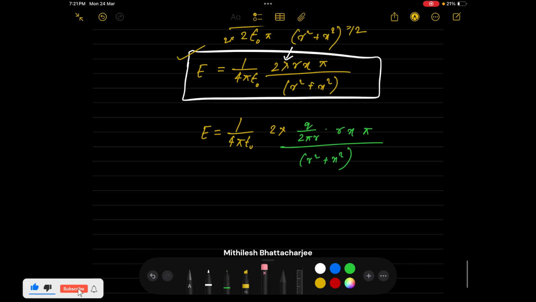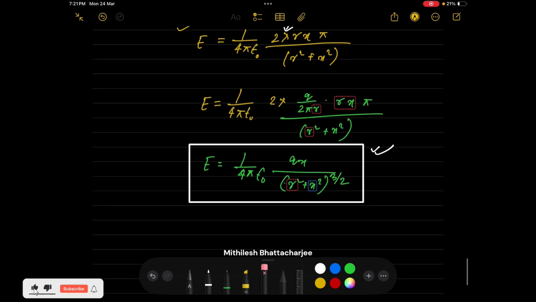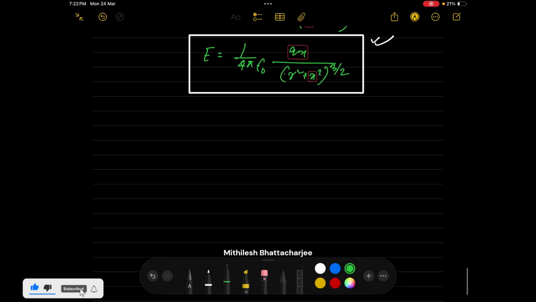So this will be equal to E is equal to 1 by 4 pi epsilon naught Q x by r square plus x square whole power 3 by 2. So I think this is the more accurate expression. Right? Fine. Here we just put the lambda, and previously we saw lambda is equal to Q by 2 pi r. Just put it. Okay. Fine.